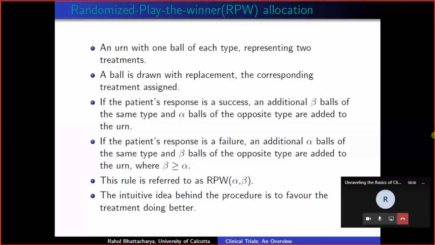The same philosophy is used for the play the winner, that is, assign the patient to the treatment giving a success. And here you are increasing the chance of getting a successful treatment for the patient. So this is what is known as RPW allocation or randomized play the winner.